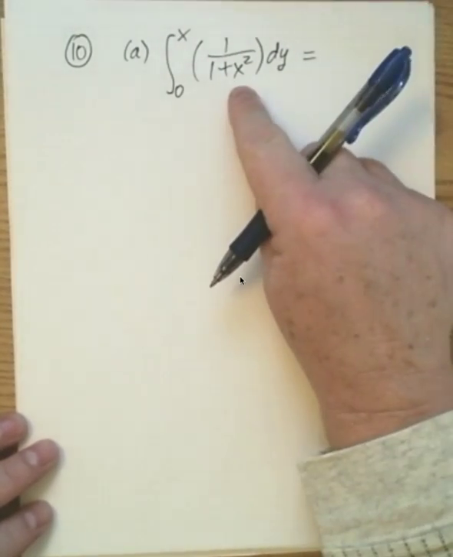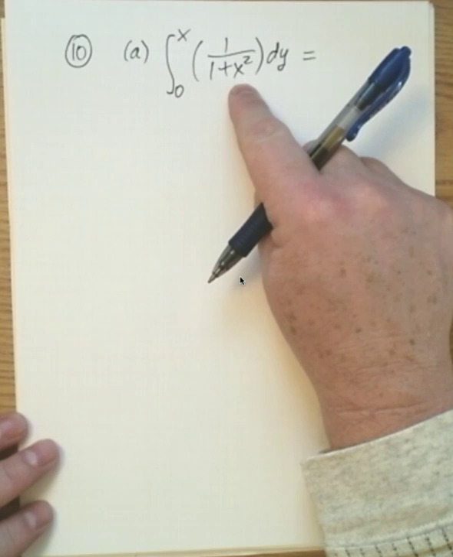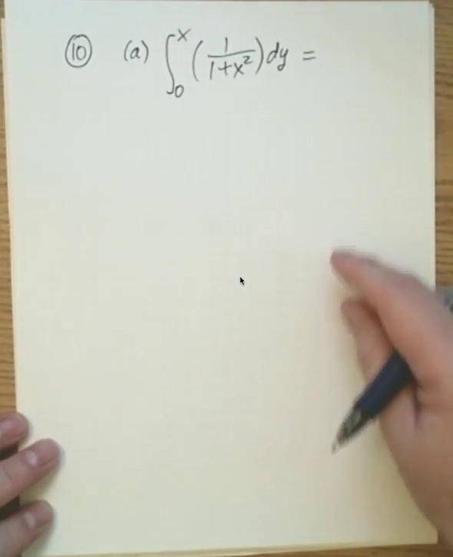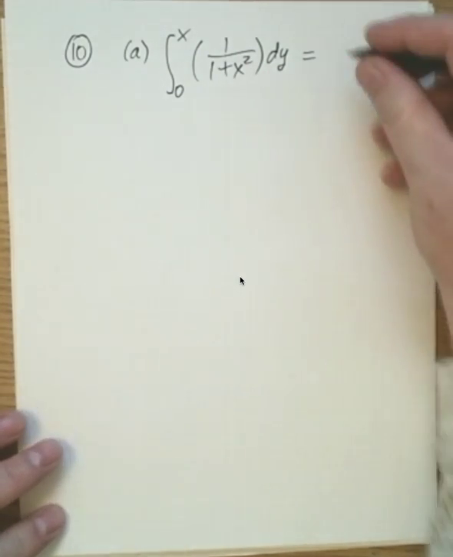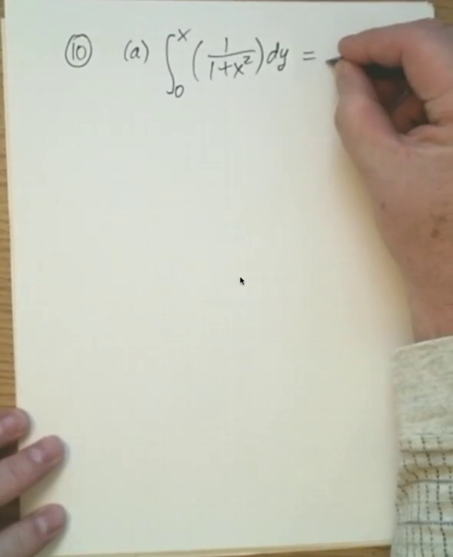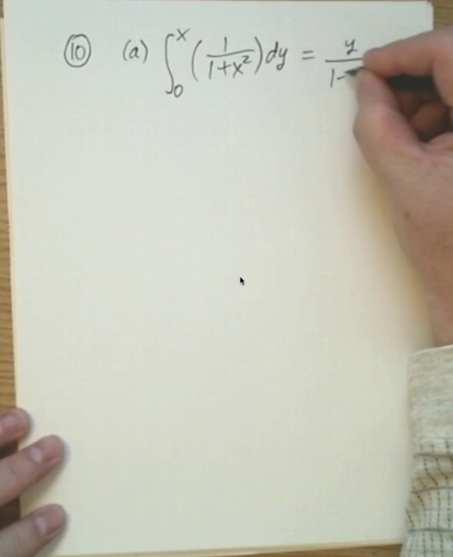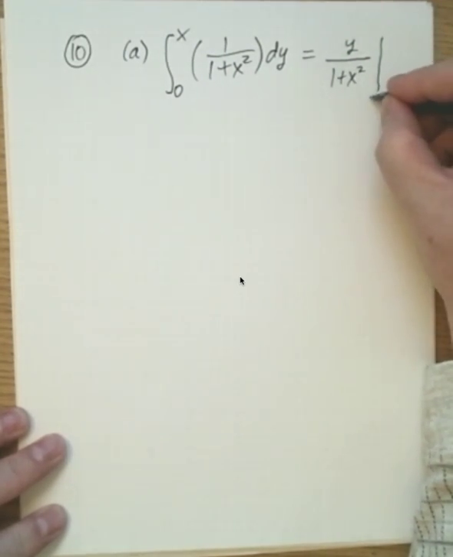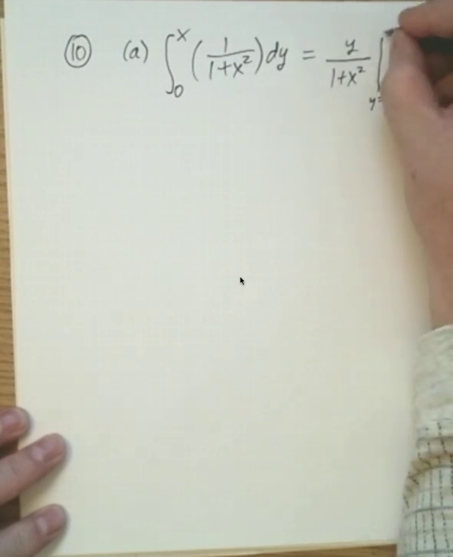Okay, it's just, if you want to, imagine just bringing that whole integrand outside and you begin integrating dy. In any case, you can see it would be y over 1 plus x squared, and then y is going from 0 to x.